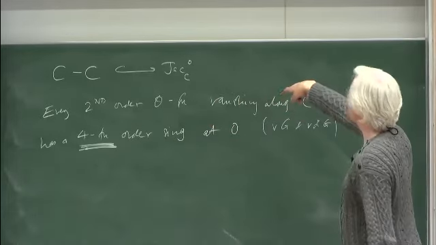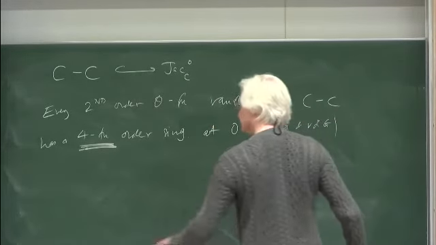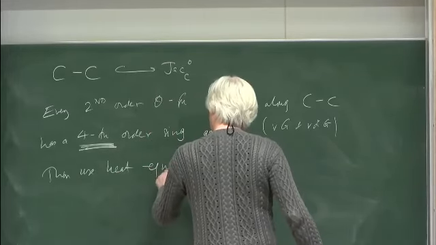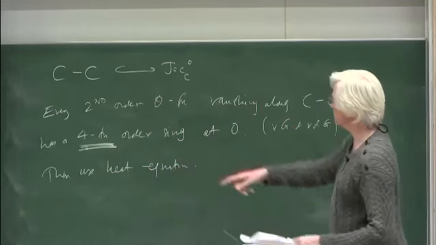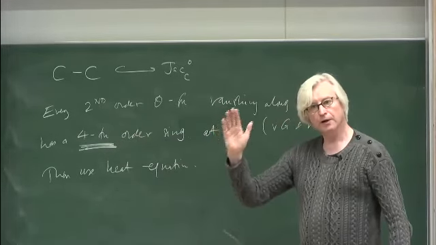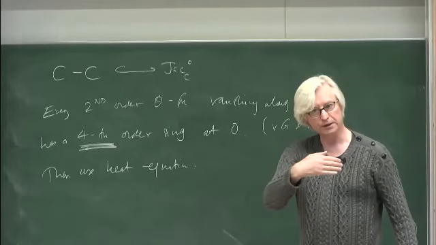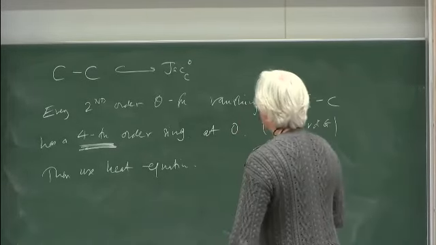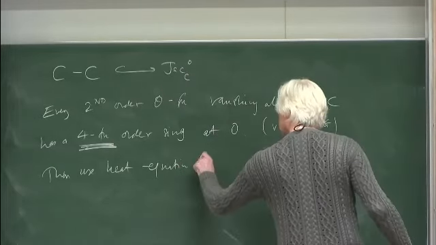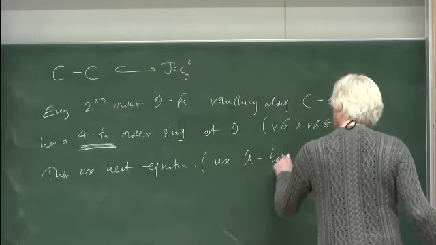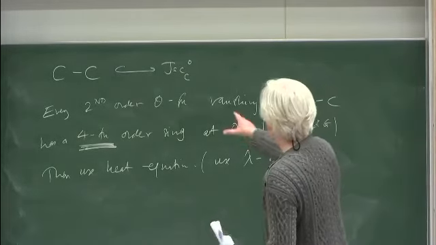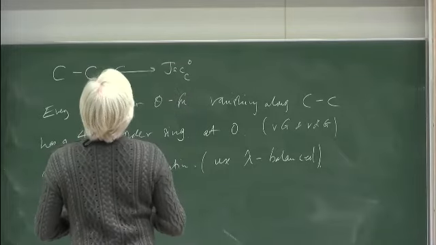So they use this result and then plug in the heat equation, which tells you that if you've got second order theta functions with fourth order singularities in the z direction, then you get singularities in the tau direction. That's what the heat equation tells you. But for the heat equation to work, you need this lambda balance condition. Okay.